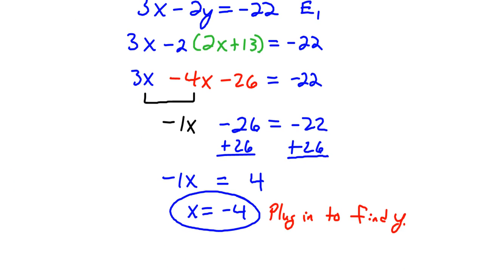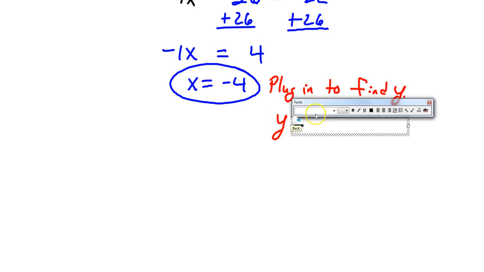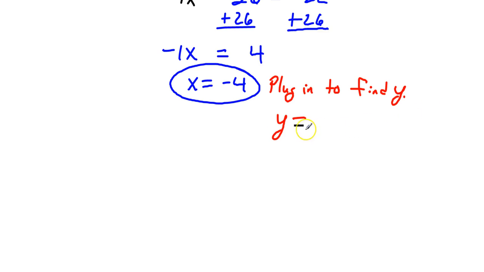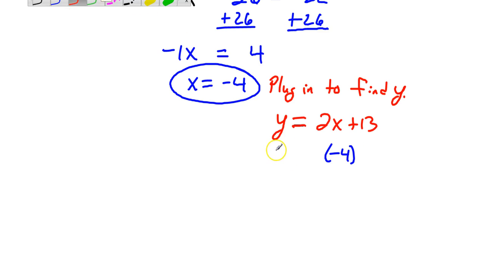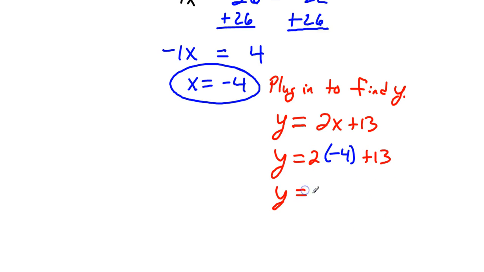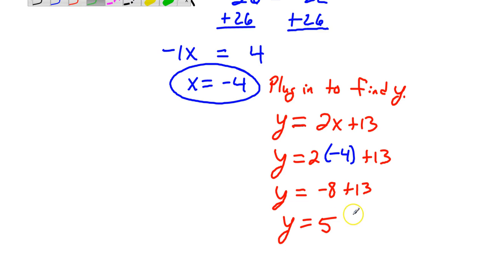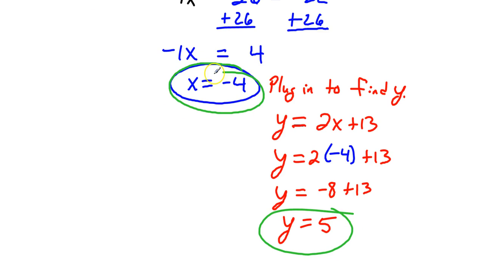Plug in negative 4. 2 times negative 4 would be negative 8, plus 13, so y would equal 5. And there's the two different values that you're looking for.